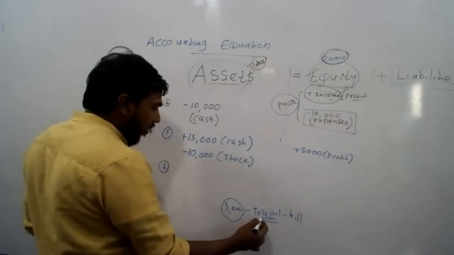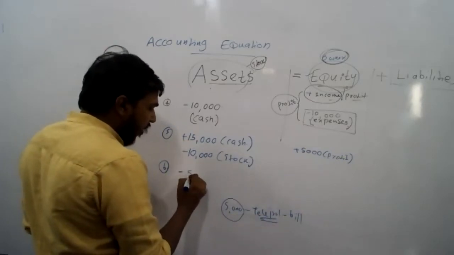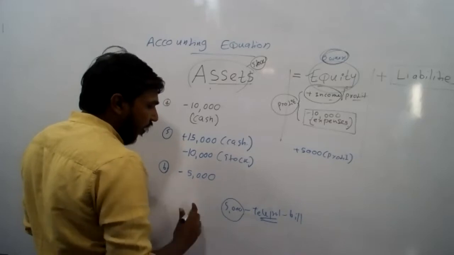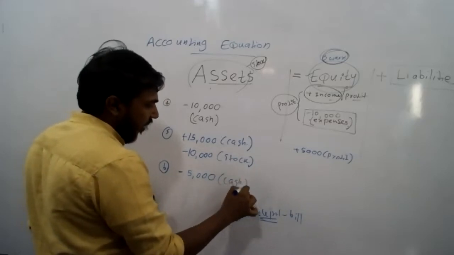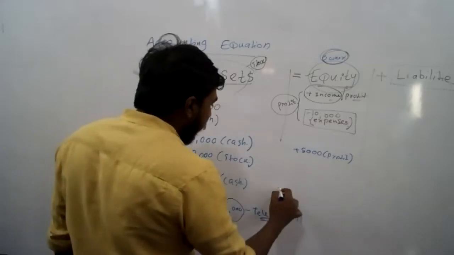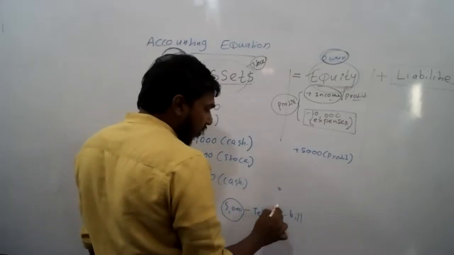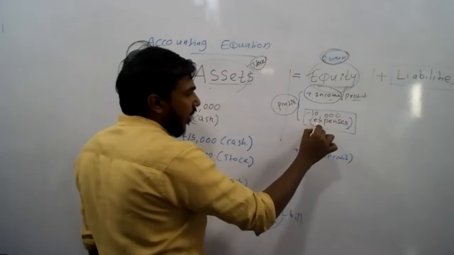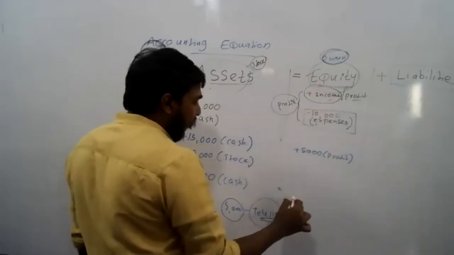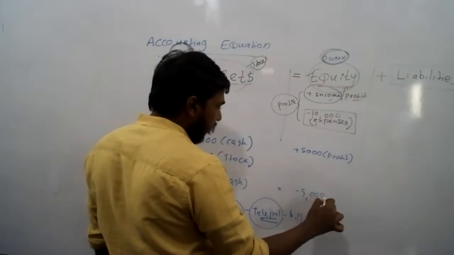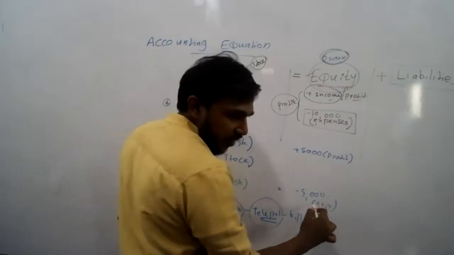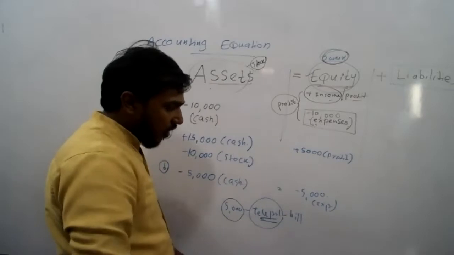Paid the telephone bill, so cash decreased by 5,000. Then equity. Now see, telephone is an expense. Income is added back for the equity, expenses decrease from the equity, 5,000. Clear?